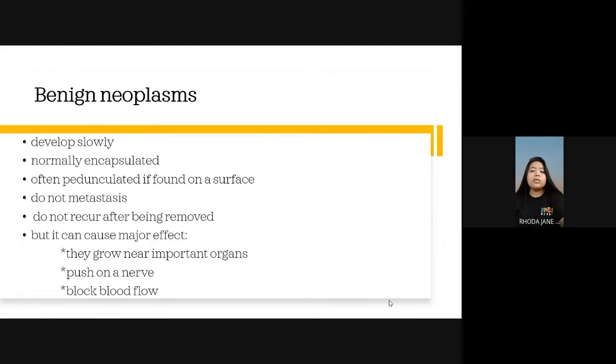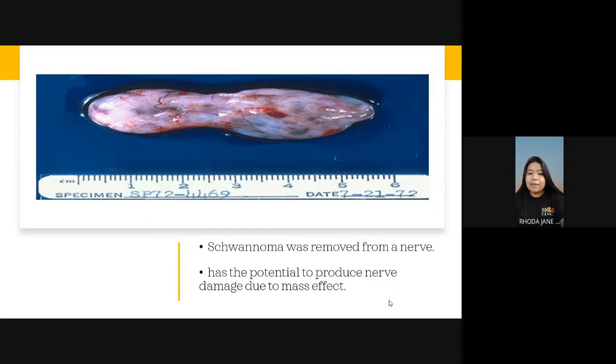They can grow to be quite enormous, weighing up to pounds. If they develop in the brain, the usual structure is in the enclosed space of the skull. They can be harmful. In this example, a schwannoma was removed from a nerve. Despite its benign nature, this tumor has the potential to produce nerve damage due to mass effect.